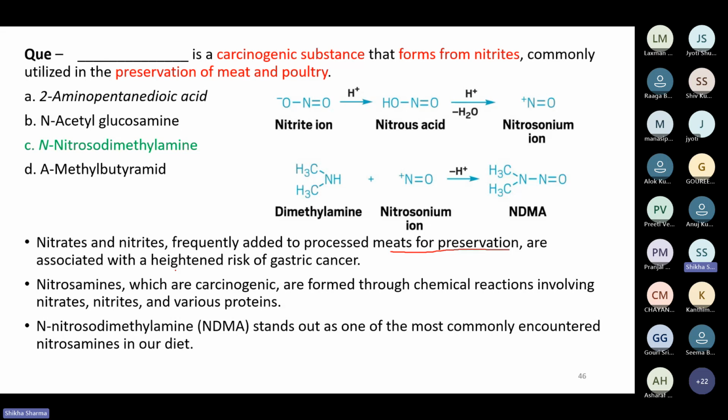That's why nowadays there is a debate about which kind of food additives we should add to food products so that during processing they don't convert into carcinogenic substances and cause toxicity to humans. These nitrates and nitrites are associated with a high risk of gastric cancers.